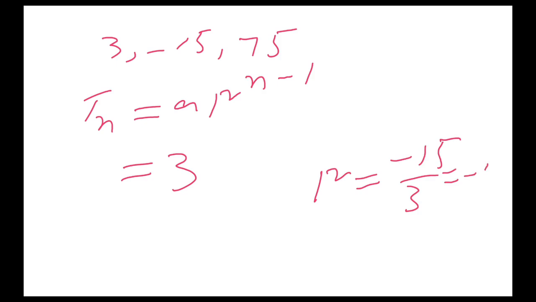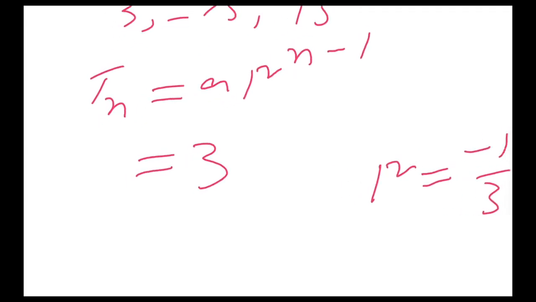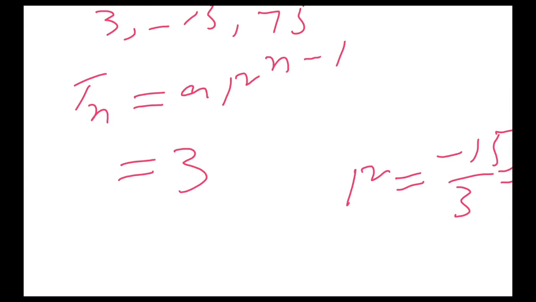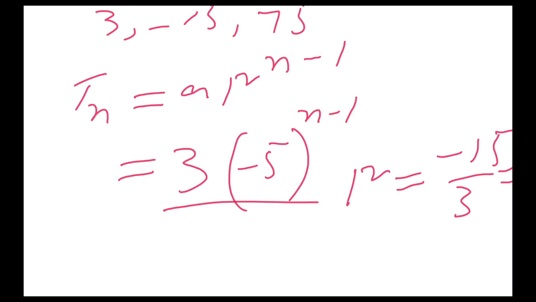The answer will be negative 5. So negative 5 power n minus 1. So this is my Tn when the ratio is negative 5.